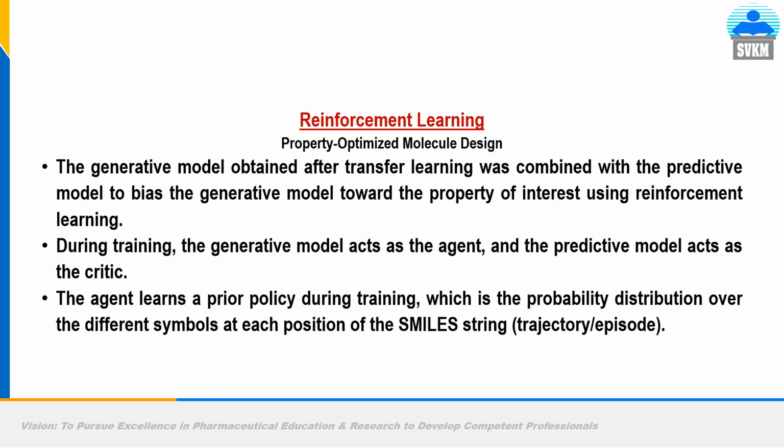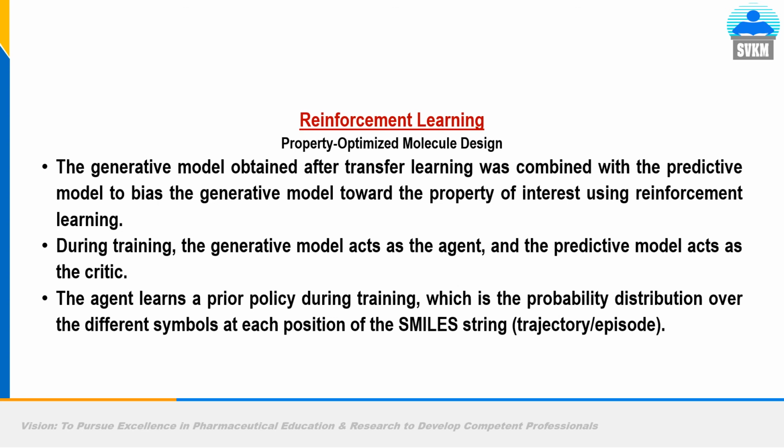Reinforcement learning, I already explained to you, involves the use of an agent, environment, reward and penalty function. Property optimization, molecule design. The generative model obtained after transfer learning was combined with the predictive model to bias the generative model toward the property of interest using reinforcement learning. During training, the generative model acts as an agent and the predictive model acts as a critic.